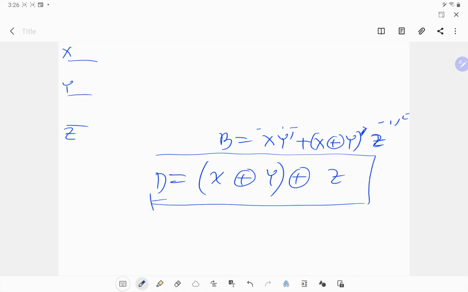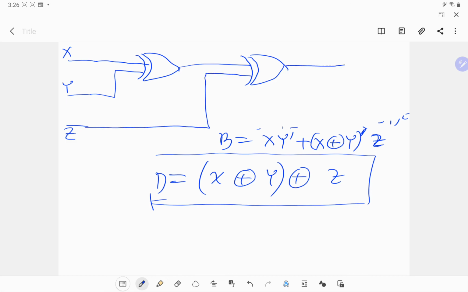For the difference we need an exclusive OR gate between X and Y, then another exclusive OR gate between X, Y and Z, and this will give us the difference D.